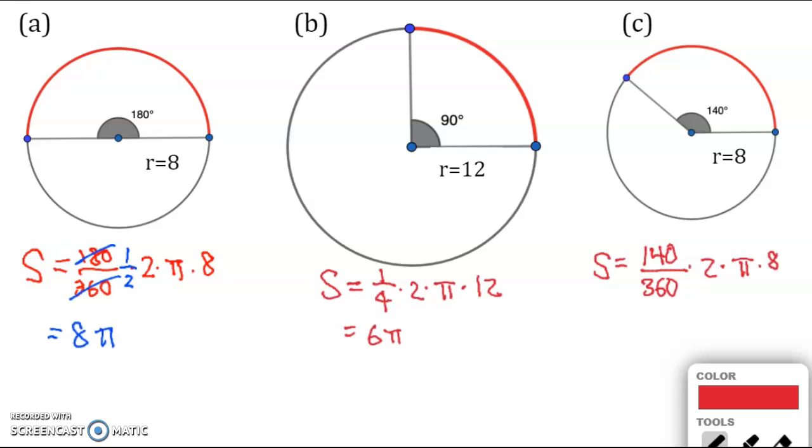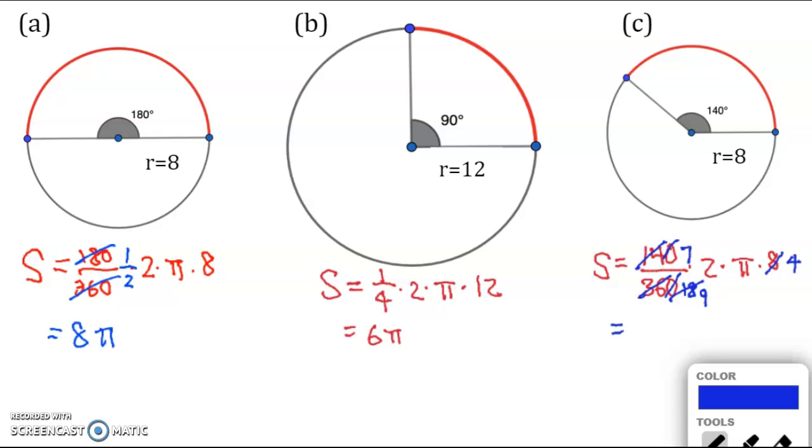I can simplify the fraction by dividing by 10 and then by 2, so it's 7 over 18. Can I simplify any more? 18 and 8 can both be divided by 2, so it's 9 and 4. I'm making the numbers smaller so that I can do all the multiplication in my head, which helps me come up with the exact answer.